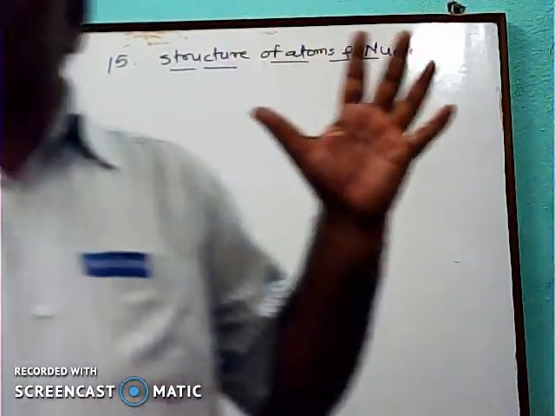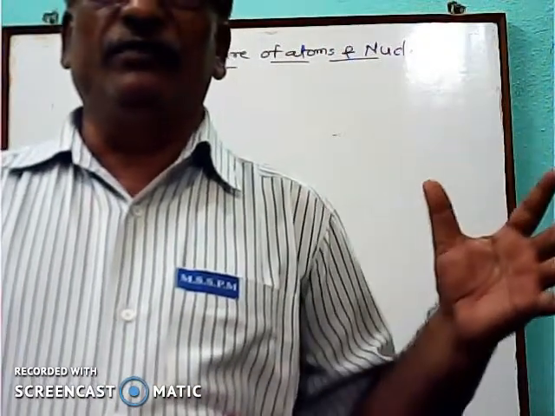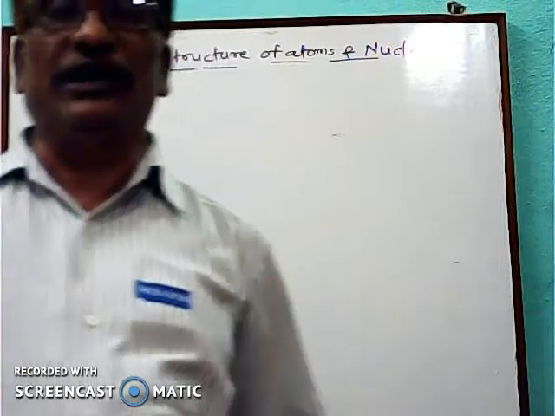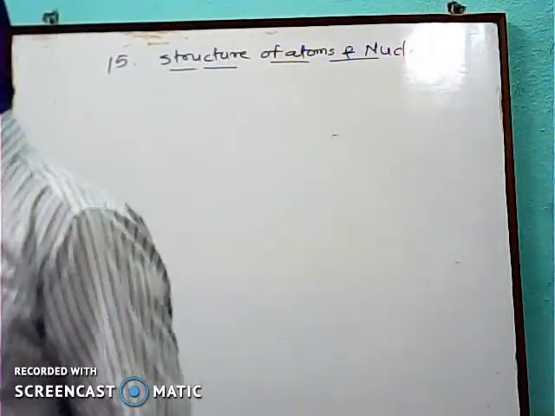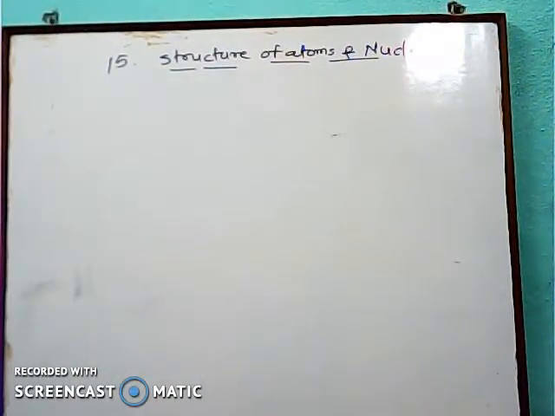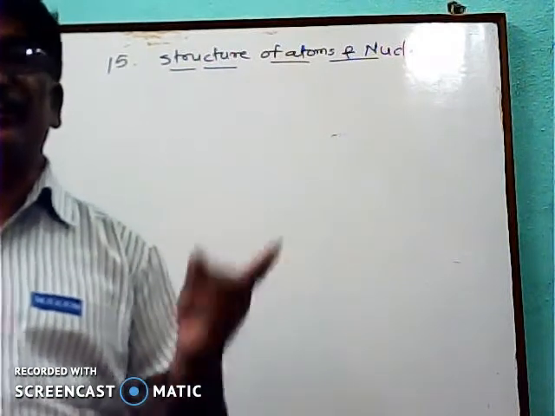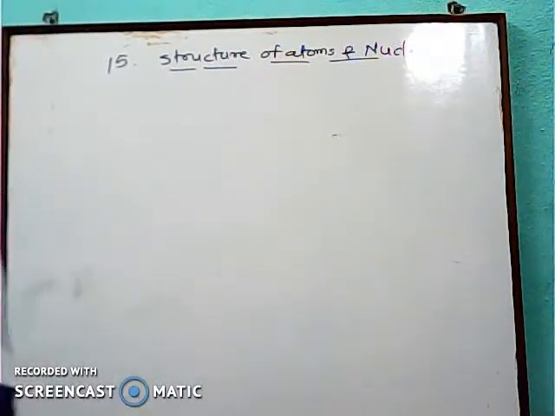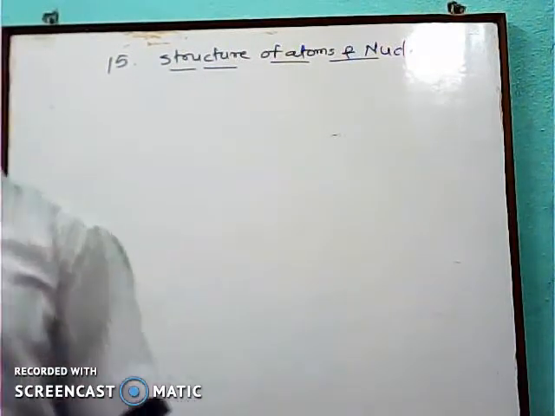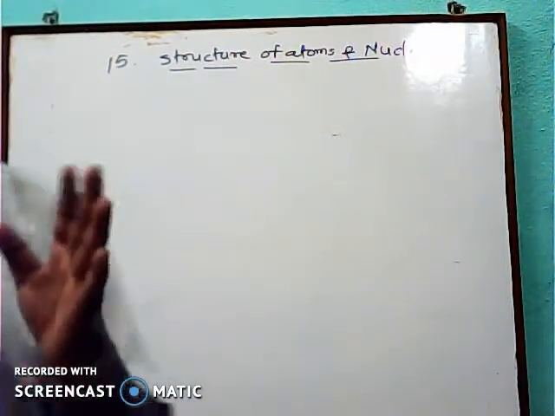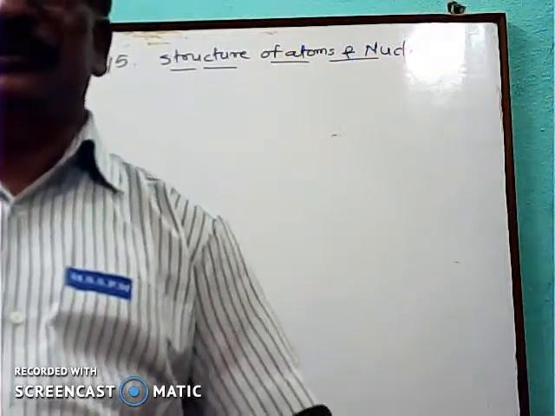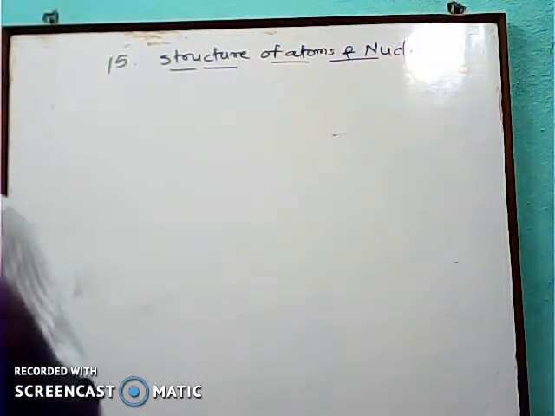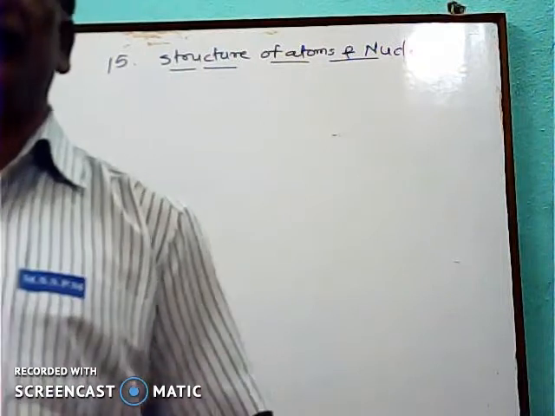If the size of atom is less, then we conclude that fewer electrons are present in the atom. So we say that nuclei do not have the same size. Different nuclei do not have the same size.